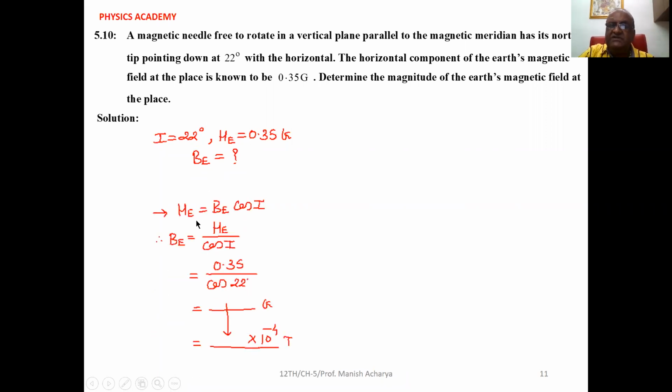Now we have the relationship, horizontal component of Earth's magnetic field HE = BE cos I. So BE is HE upon cos I, that is 0.35 upon cos 22. Now here we have to substitute the value of cos 22° from the log table and then solve it. You will get the answer in Gauss. Then multiply it by 10 raised to minus 4. You will get the answer in terms of Tesla. Clear to all of you?